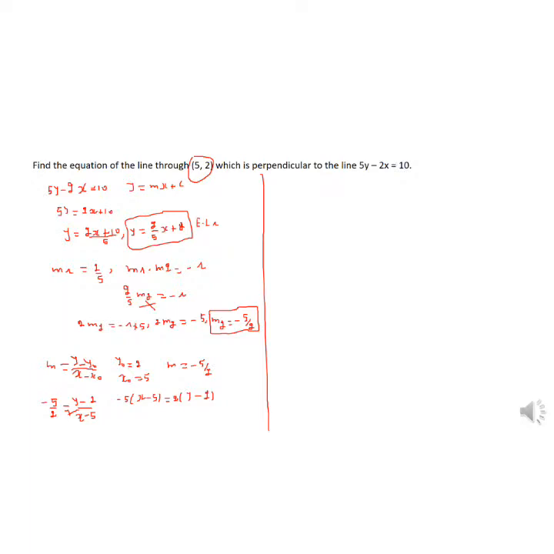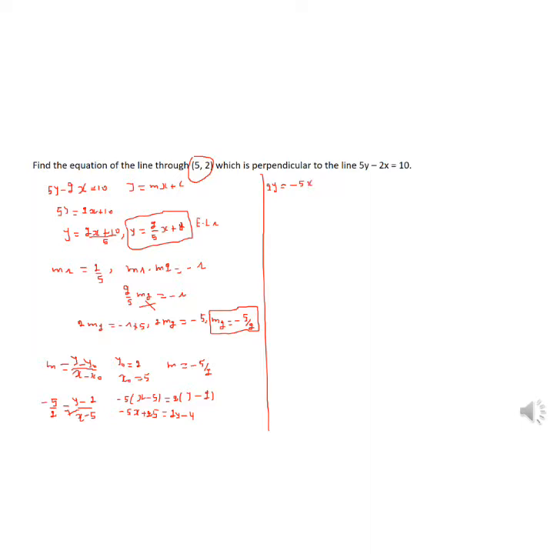So now remove the brackets: we get minus 5x, and minus 5 times minus 5 gives plus 25, which is equal to 2 times y, we get 2y. Then 2 times negative 2 gives minus 4. So now collecting like terms, we get y.